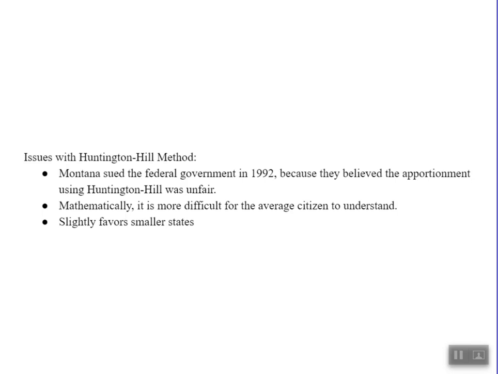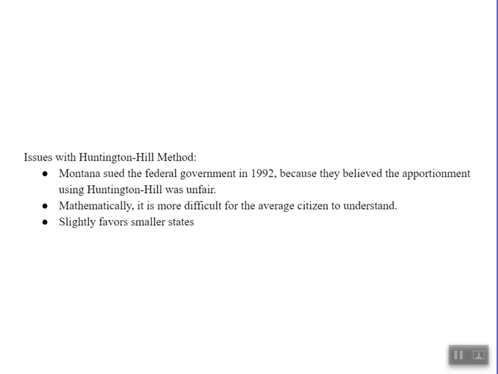Montana actually sued the federal government in 1992 because they believed that the apportionment using the Huntington Hill method was unfair. In the apportionment following the 1990 census, Montana actually lost a seat in Congress. They went from having 2 representatives to only having 1. So, of course they wanted to find an issue with the method.